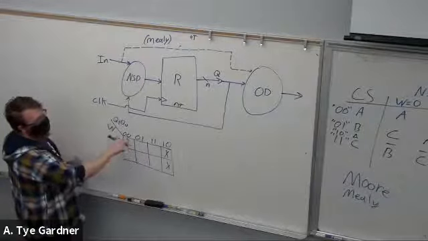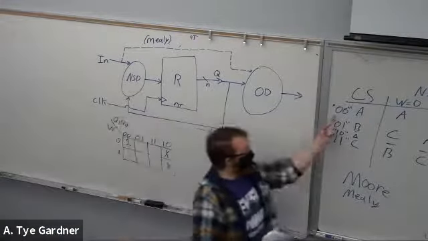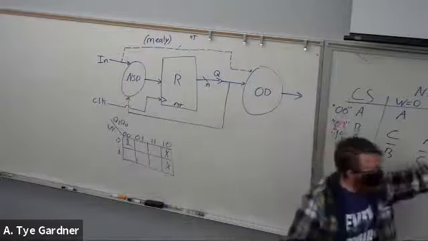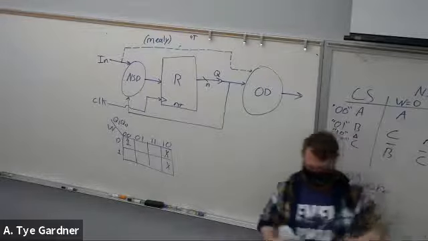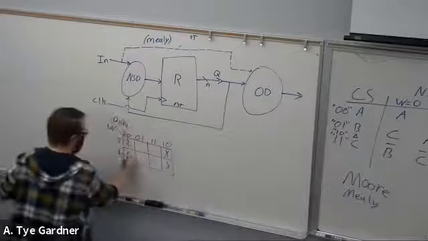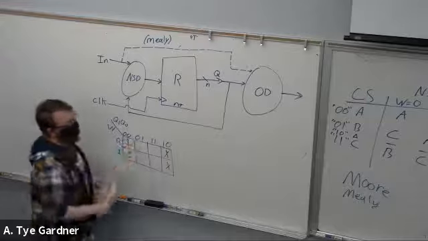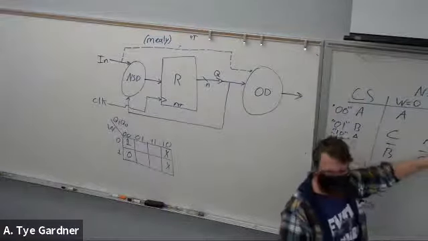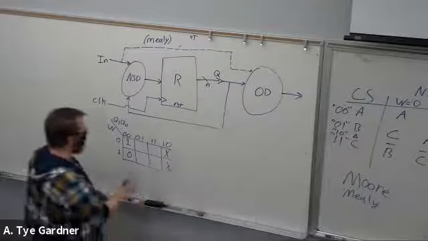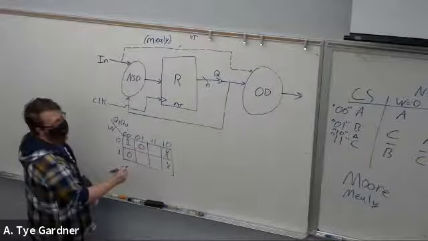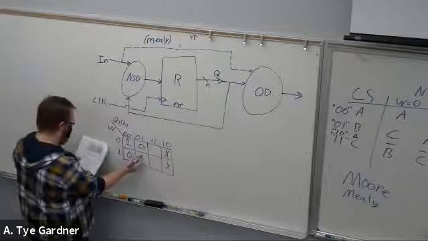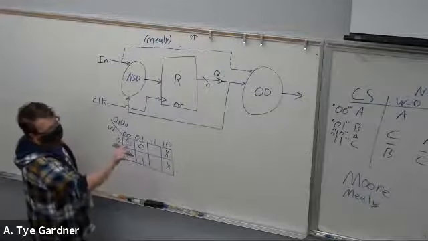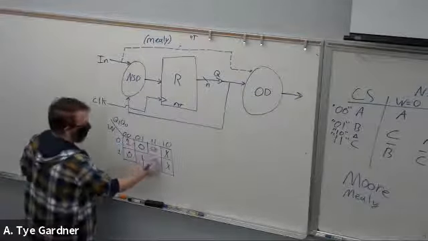If I'm 0, 0, 1, right? So 0, 0, 1. 0, 1, 0. 0, 1, 1. And then lastly the 1, 1s are both 0.